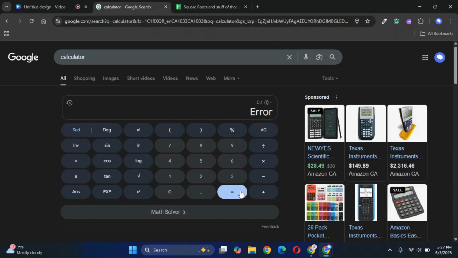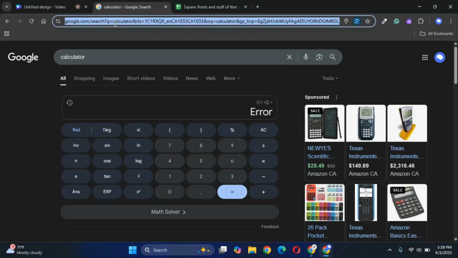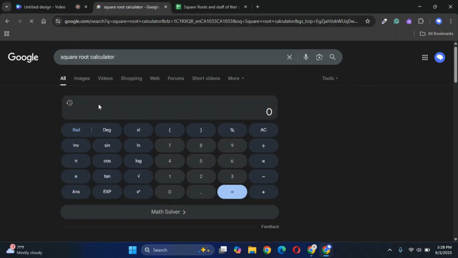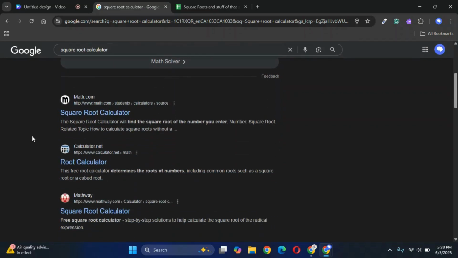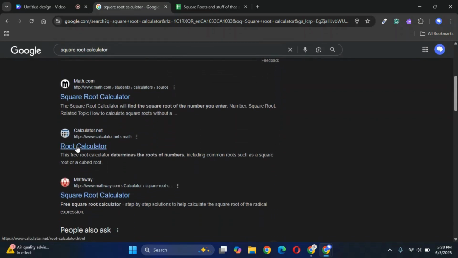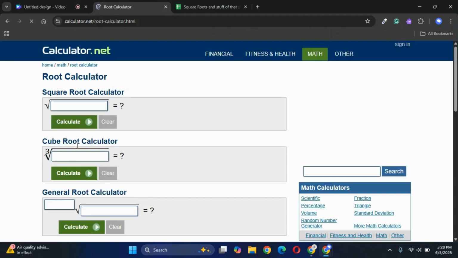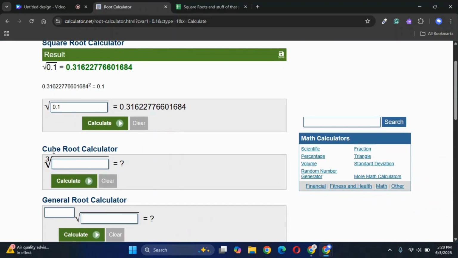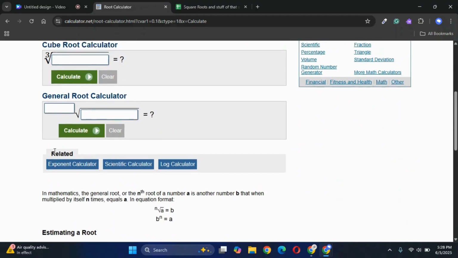Square root equals. How do I use this? Square root calculator. Hey, that's the same thing. 0.1. Cube root, maybe for another video.